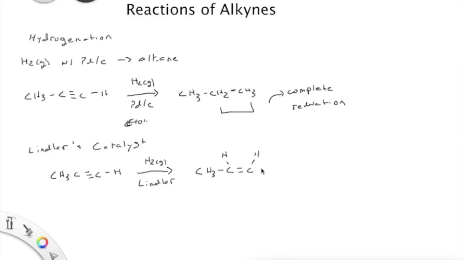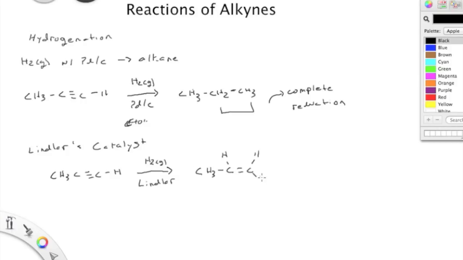Now in this one, of course, you're not going to get cis or anything because we have these guys, but what we would note if we had an R group here, we would have these two hydrogens on the same face.